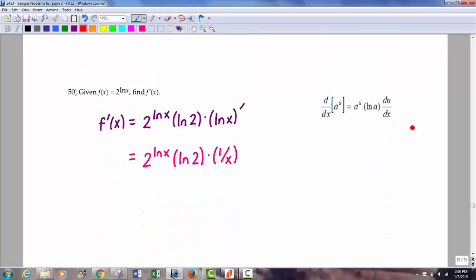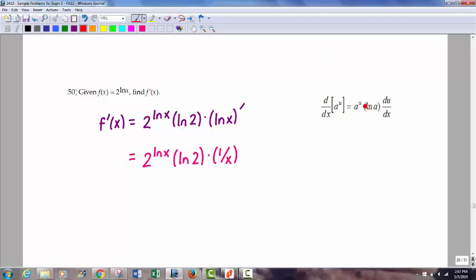Here's another one. 2 to the ln of x. So that derivative will be a to the u, same term, 2 to the ln of x, times ln of the base, which is 2, ln of 2, and then I sort of added an extra step here, but the derivative of ln of x, which would be 1 over x. So there we go.